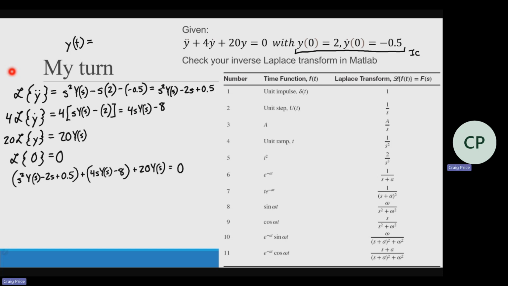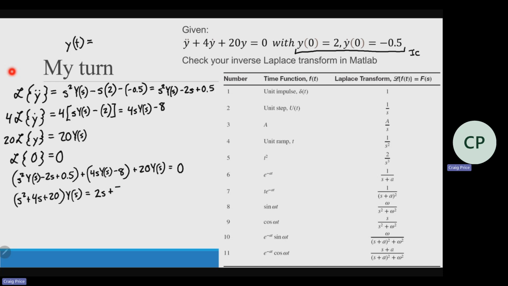And so now we can combine all of the y's together, and this is what ends up looking like our transfer function. And everything else goes to the other side. So we have a positive 2s. We have a 0.5 and a negative 8. That's negative 7.5.